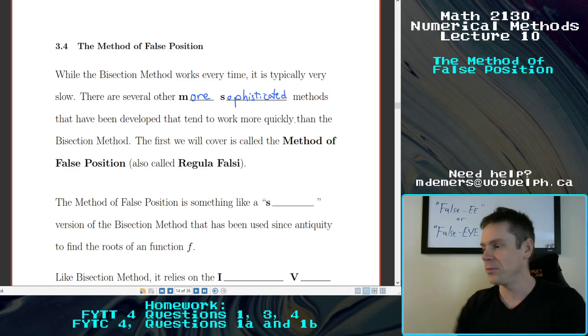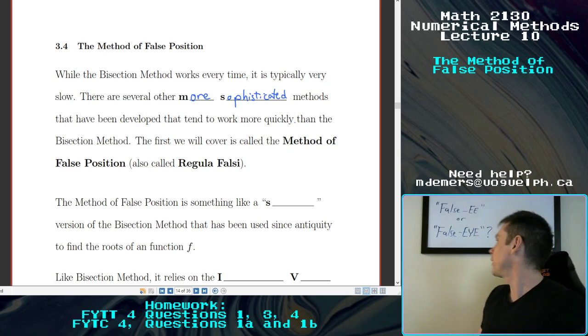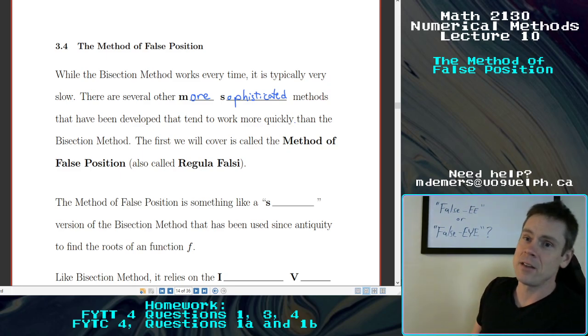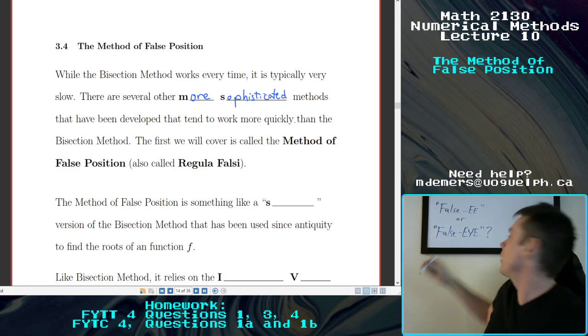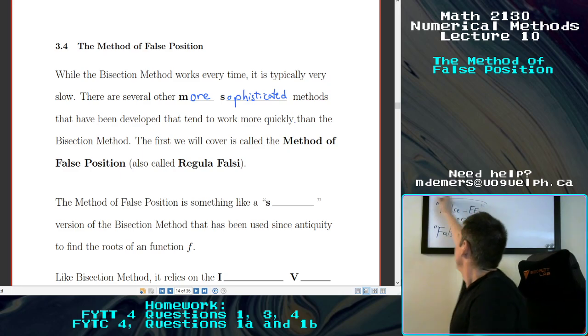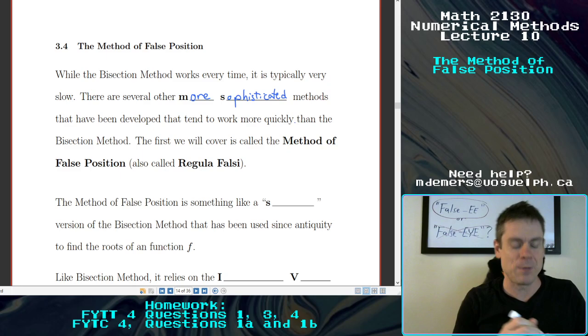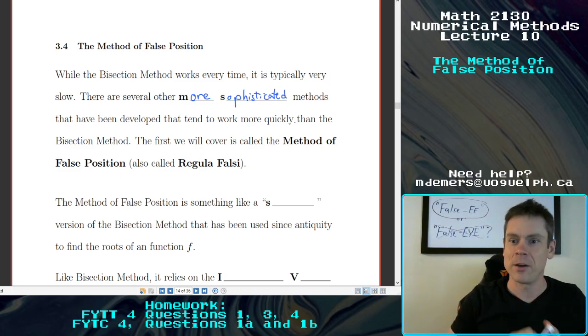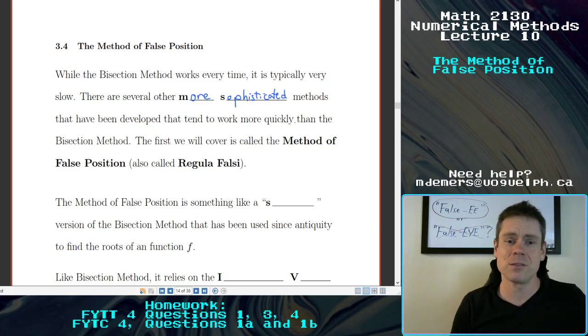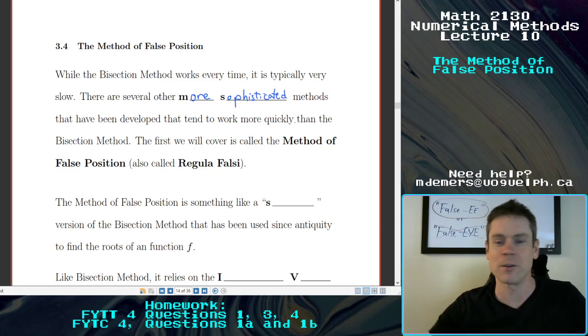After doing some considerable research, I think most people pronounce it "falsi" and not "falsi", although I'm sure people would know what you were talking about either way. If you're not sure, just call it the method of false position. You can't go wrong that way.